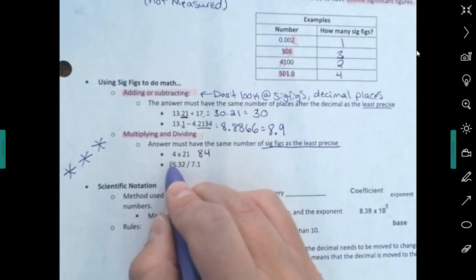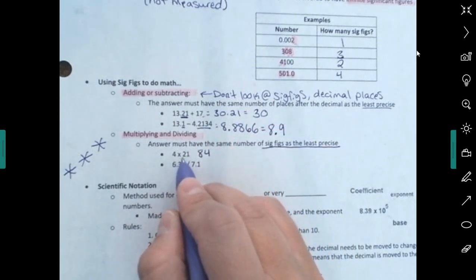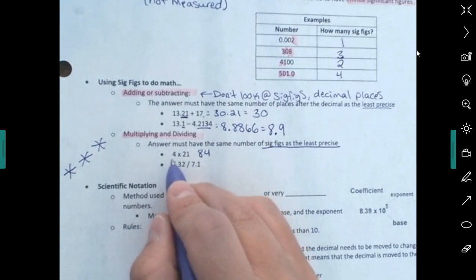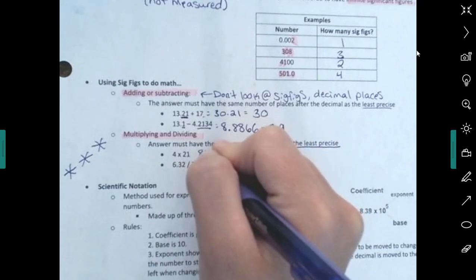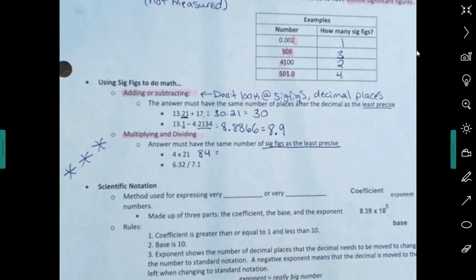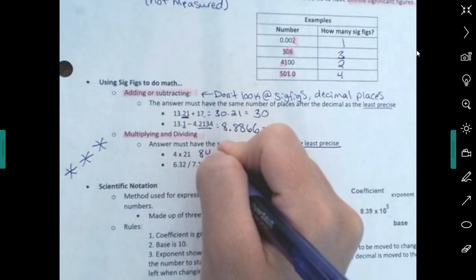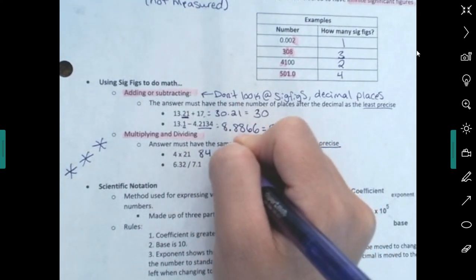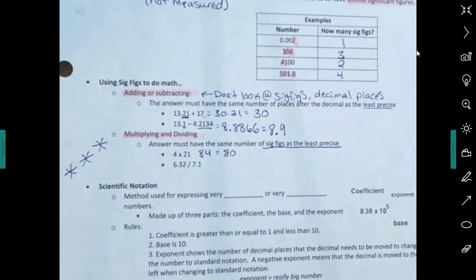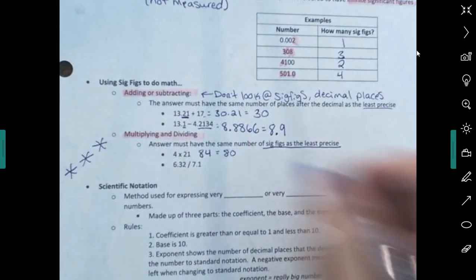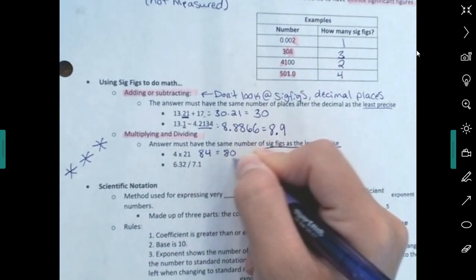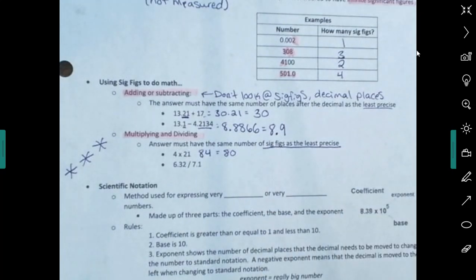However, this has 1 sig fig, this has 2 sig figs. Because this one only has 1 sig fig, I can only have 1 sig fig in my final answer. How do you make 84 into 1 sig fig? Well, you just have to round it down to 80. Because this is less than 5, it's just going to be 80. I know it's weird. Because now this only has 1 sig fig. This 0 is not significant because there's no decimal. Okay.